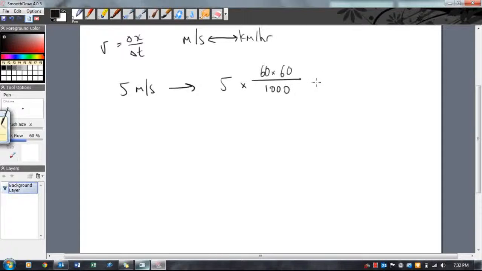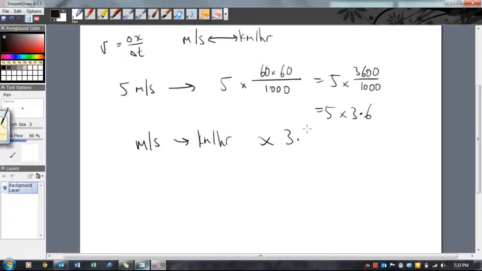So you get 5 times 3600 over 1,000, which is 5 times 3.6. In other words, if you're going from meters per second into kilometers per hour, you multiply by 3.6.